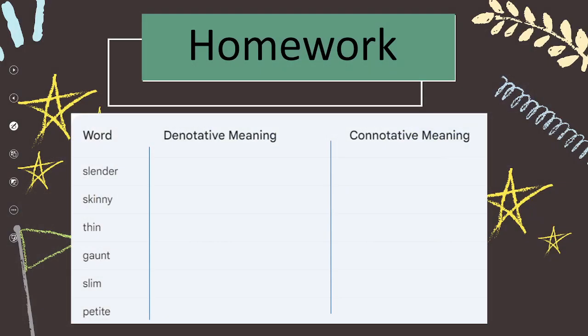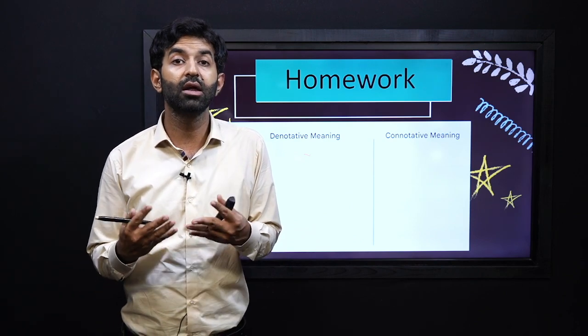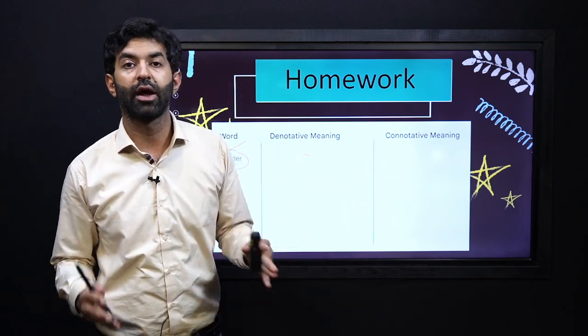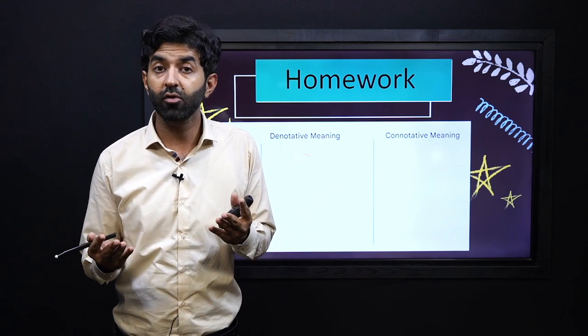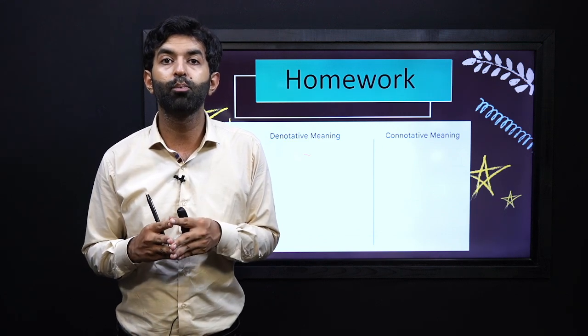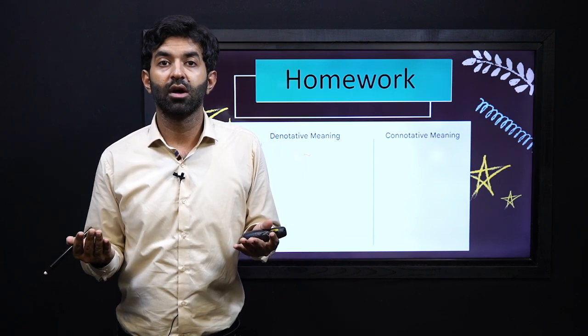Now, for the homework, what you're supposed to do is, here is your word, and then you have to write the denotative meaning that you find in the dictionary, the agreed upon definition, and then you will write the connotative meaning of that same word. And you can also mention if the word has a negative connotation or a positive connotation. For example, the word poison. If you hear this word, it gives us a wrong idea.